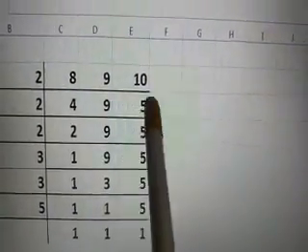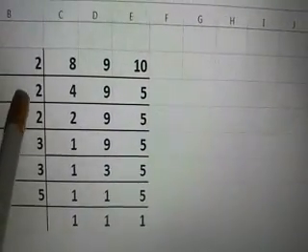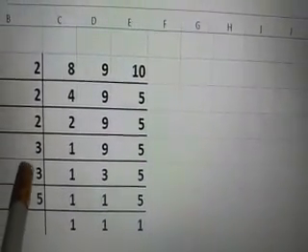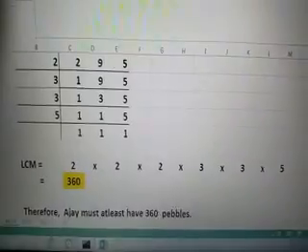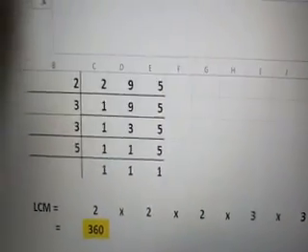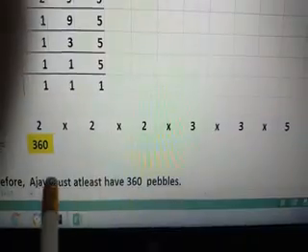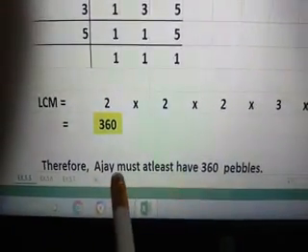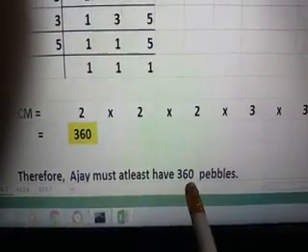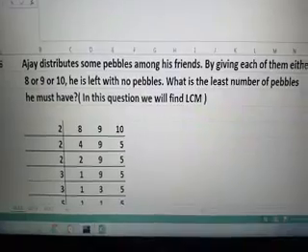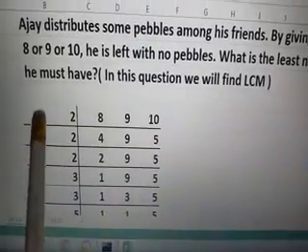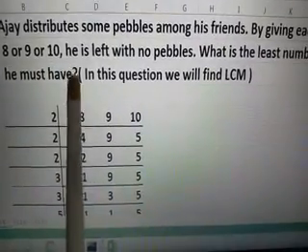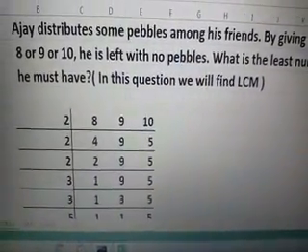So the prime factors of 8, 9 and 10 are 2 into 2 into 2 into 3 into 3 into 5. When we multiply all these factors, we get 360 as LCM. Therefore, Ajay must at least have 360 pebbles. Means if he divides 360 by 8 or 9 or 10, he is left with no pebbles.